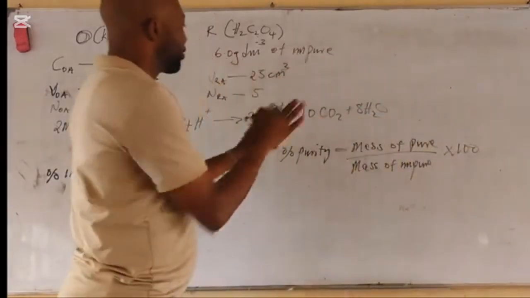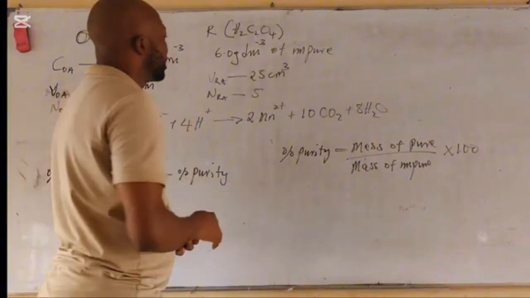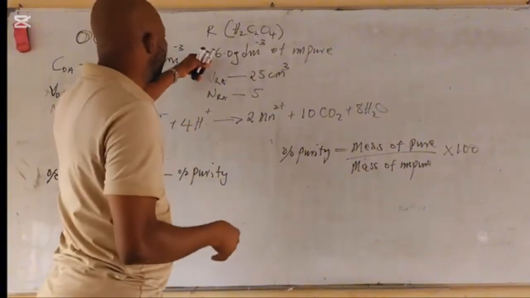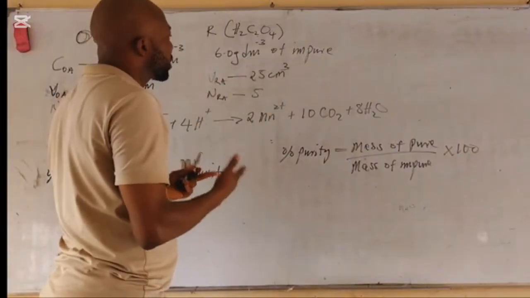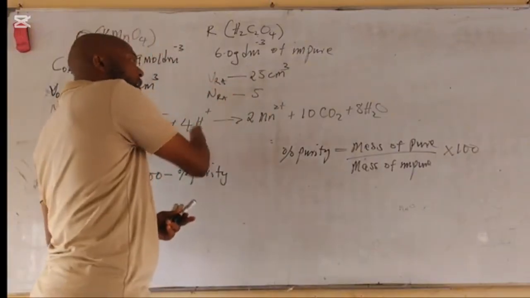So we have to deal with this first before we come back here. What is given to us here is the mass concentration of the impure ethanedioic acid. How are we going to calculate the mass concentration of the pure ethanedioic acid?